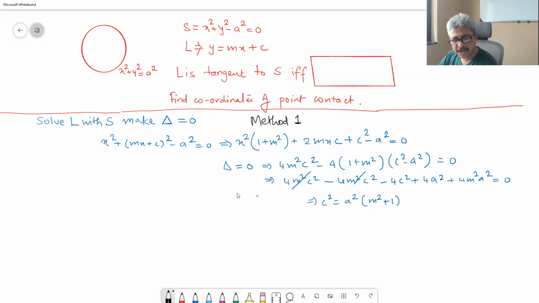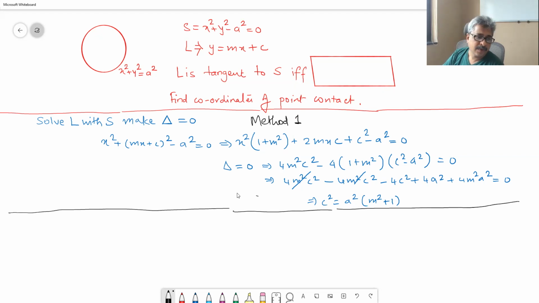So we get the first condition for tangency, and then if we substitute this c square here by this, and then find the roots of this quadratic equation, they will be coincident, and we will get the x value, the x coordinate, and the corresponding y coordinate we can find out. So we will get the point of contact later. First the condition for tangency, second the point of contact.